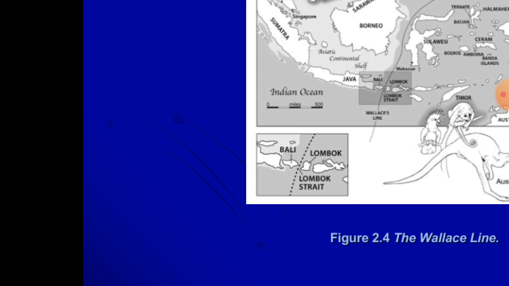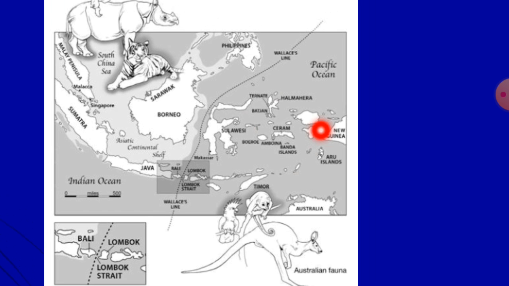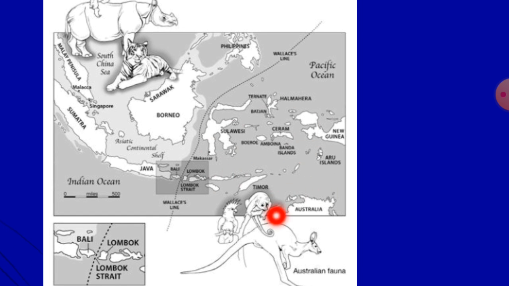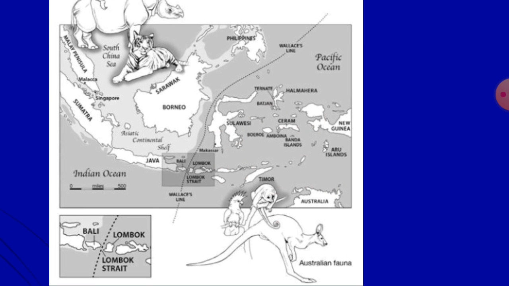And Wallace thought that because this side is closer to Australia, marsupial animals could easily transfer and dominate these different areas. They came from Australia, which was closer to this side.